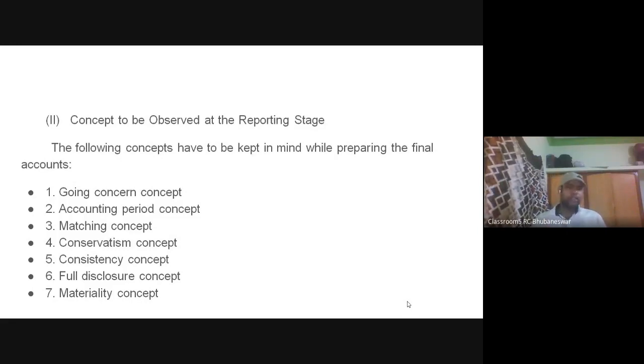Then these are conventions, but here under concepts it is written the conservatism or prudence concept. You can write it down. Conservatism or prudence tells you that anticipate no profit but provide for all possible losses.